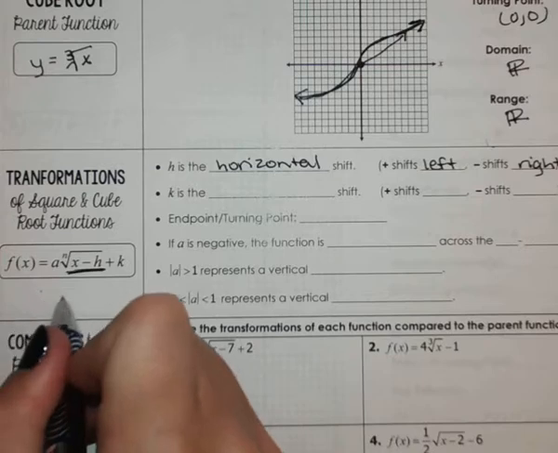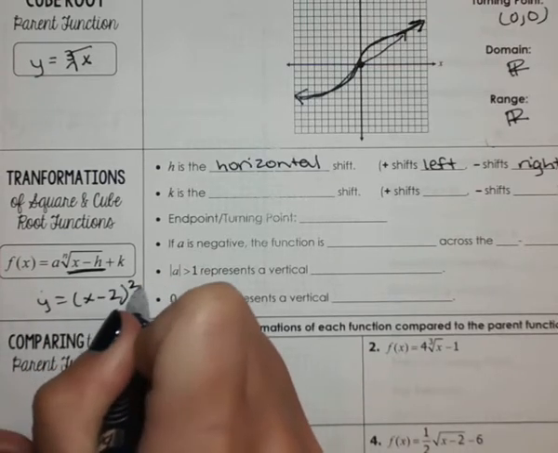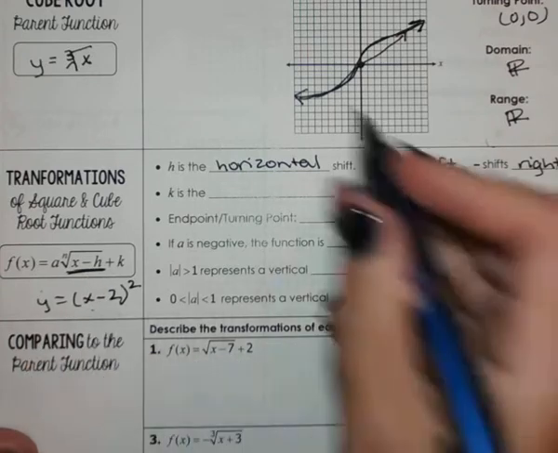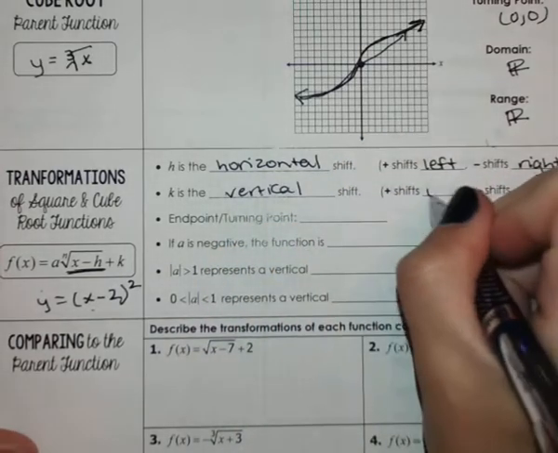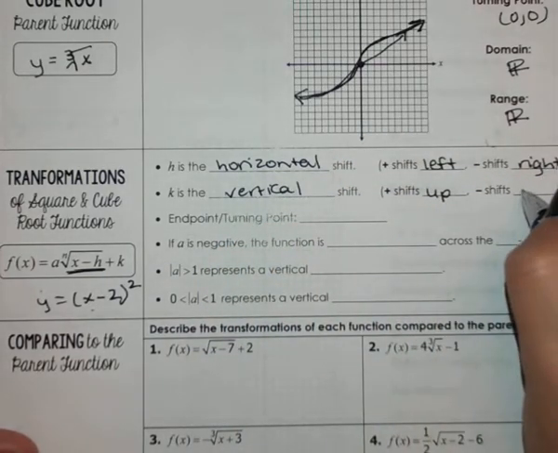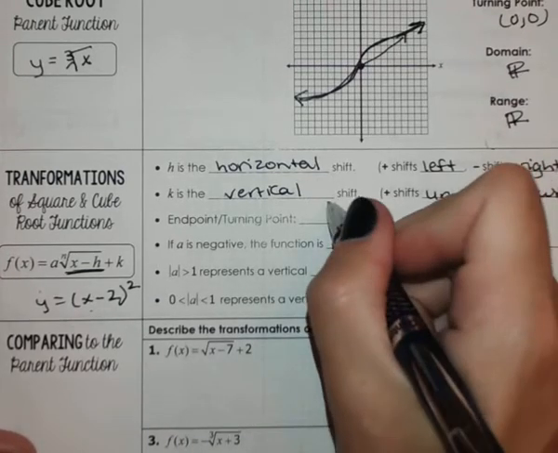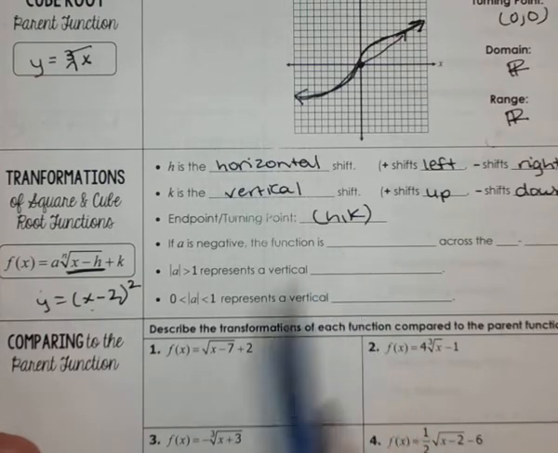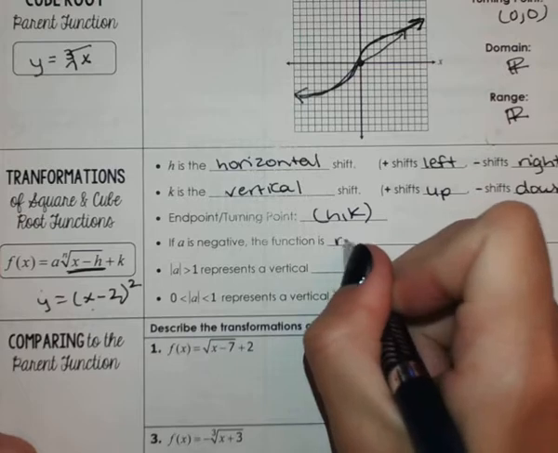That was just like if we had y equals x minus 2 squared, you shift right 2. It's the same idea here. K is the vertical shift. If it's plus, it shifts up, and if it's minus on the end, it shifts the graph down. The h and the k is going to be that endpoint or the turning point, just like it was the vertex. If a is negative, it's reflected across the x-axis.